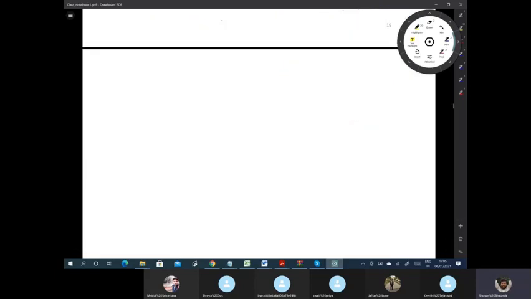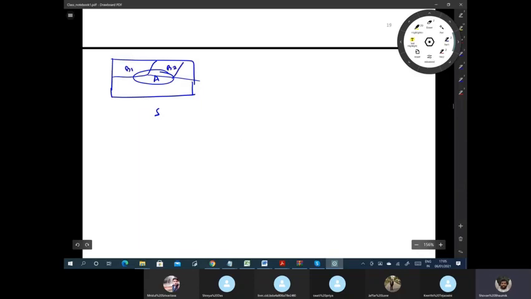So suppose we have a sample space like this, which is S, and we have a set like this, say this is A, and then say we have various subsets, say this is B1, this is B2, this is B3, this is B4, this is B5, or something like this.